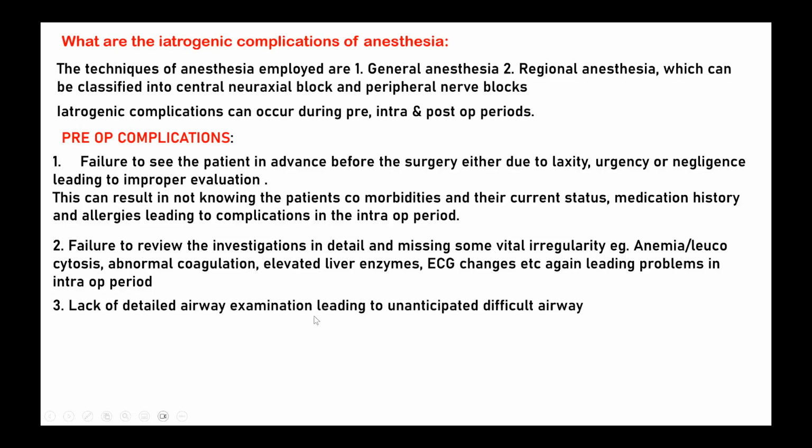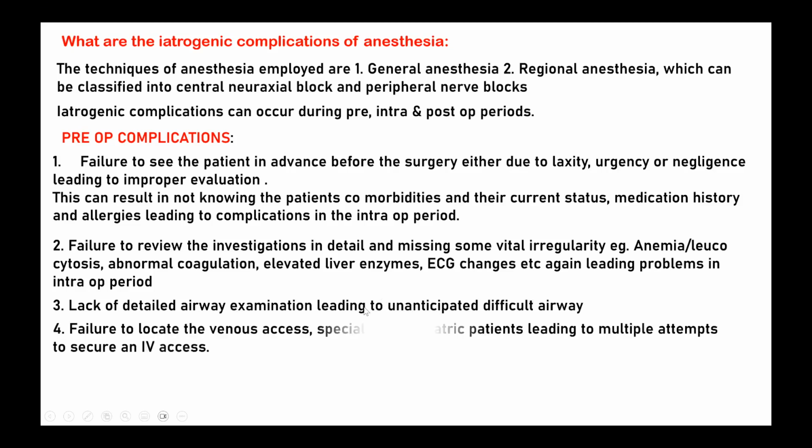And lack of detailed airway examination, which leads to failure to notice a difficult airway. So that will end up as an unanticipated difficult airway because we have not examined the airway properly. And failure to locate the proper venous access, especially in pediatric patients, the children who are chubby.